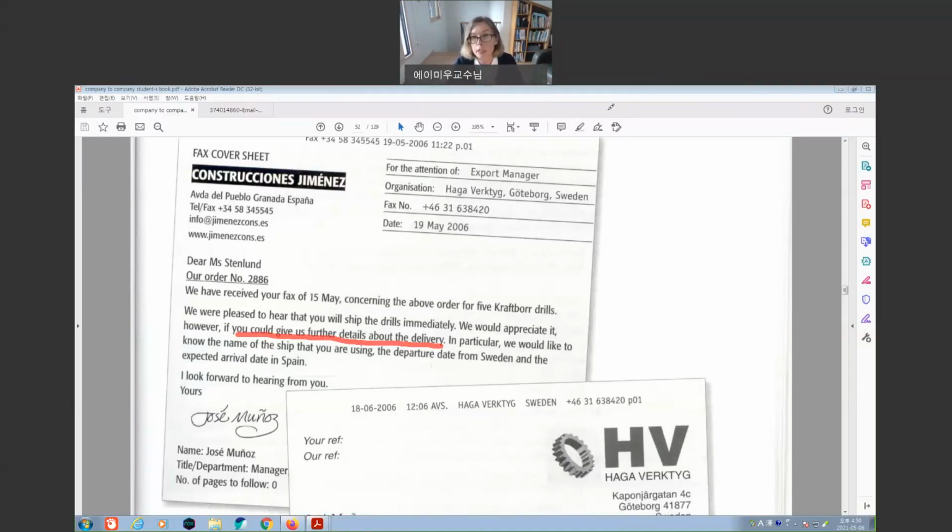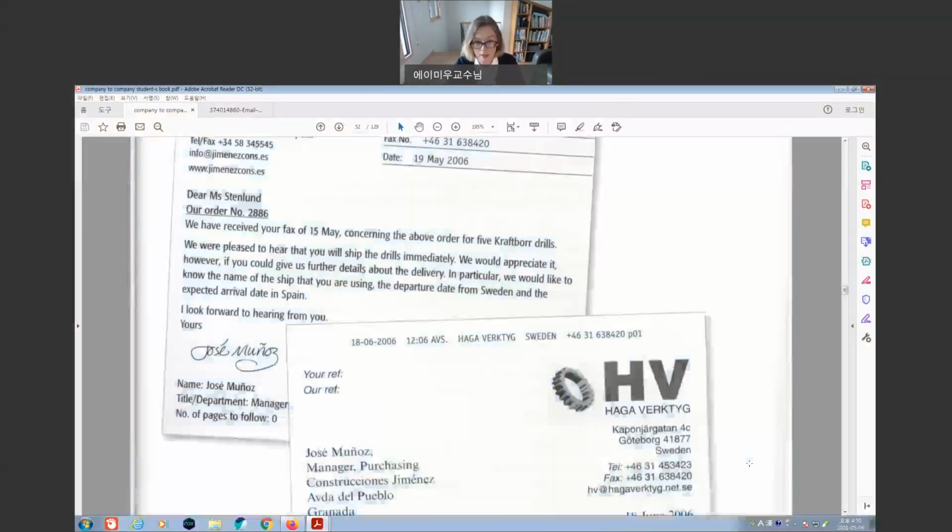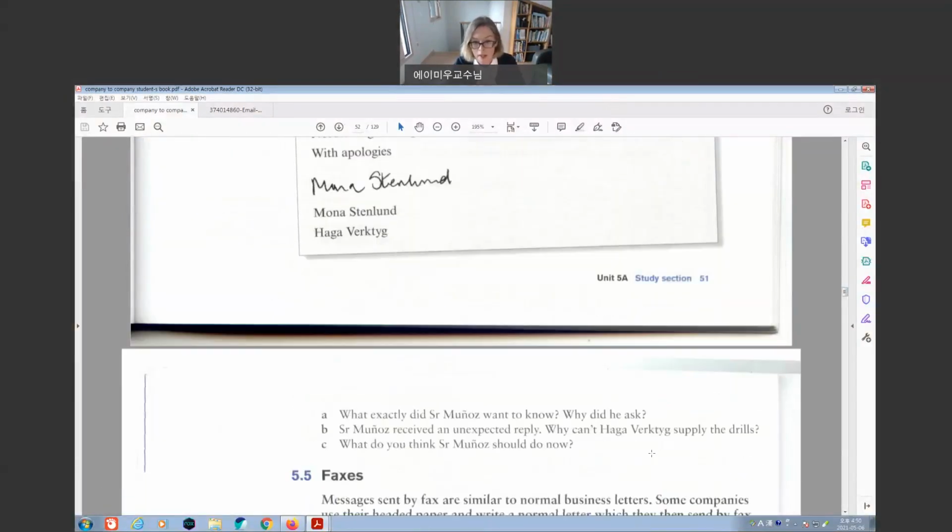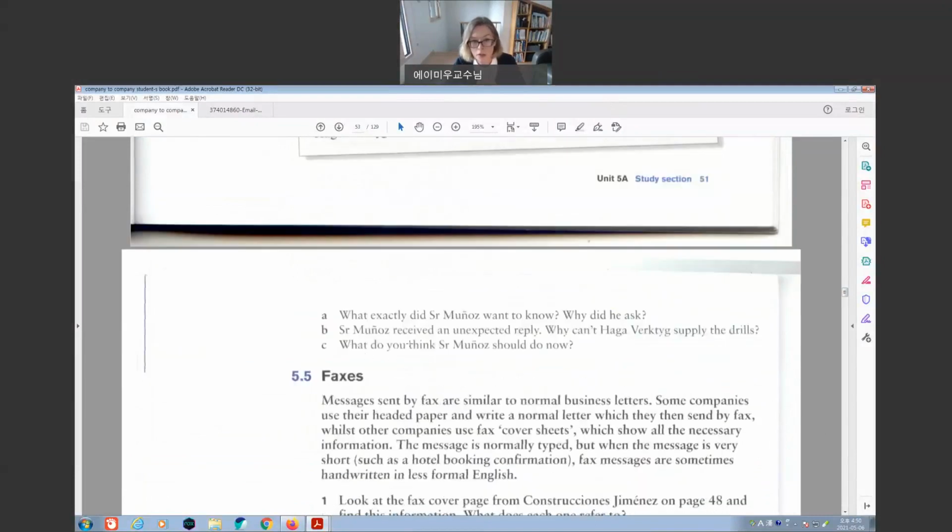Okay, so he wants more details. Okay, and then B, Senor Munoz received an unexpected reply. So why can't Hagabirtig supply the drills?